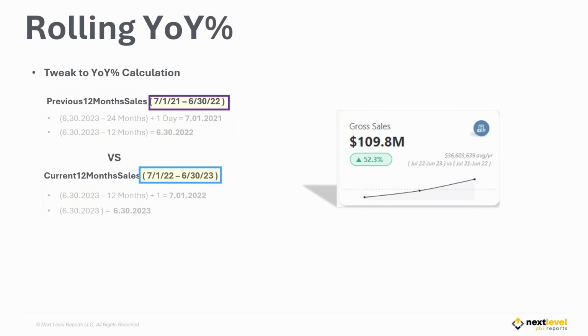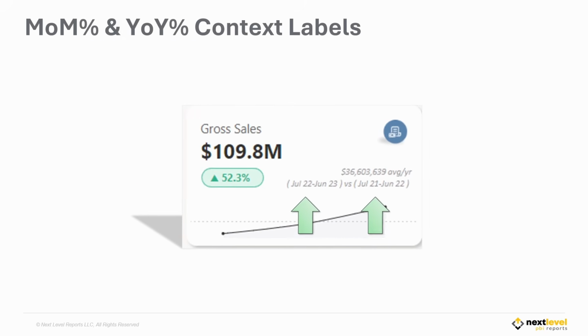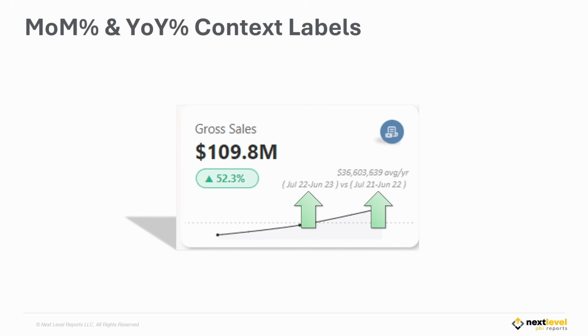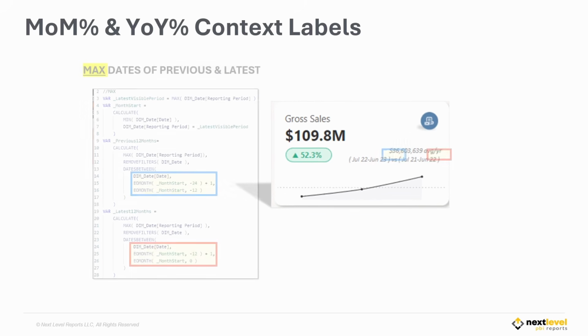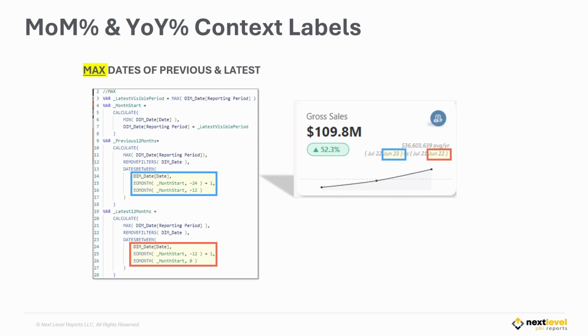And you can also add these periods of times as labels in your visuals so your users know exactly what that month-over-month percentage or year-over-year percentage is comparing. For example, if we wanted to show a label like this, where it shows the 12-month date range for the previous and latest, we could first grab those max dates within both the previous 12 months and latest 12 months.